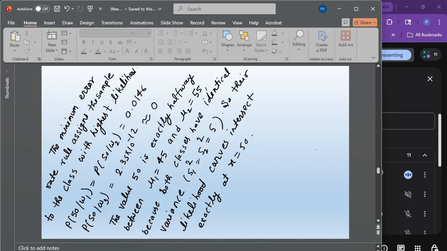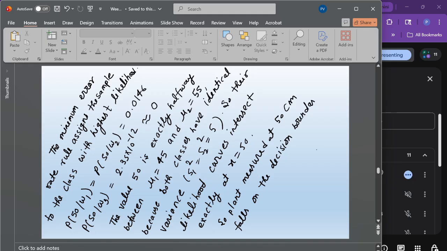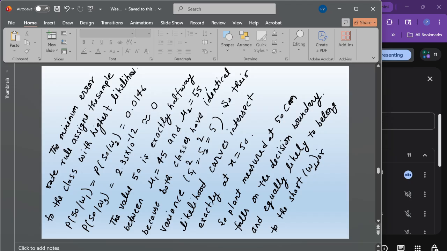Okay, and it is equally likely to belong to the short class, that is omega 1 class, or the medium class, that is omega 2 class.